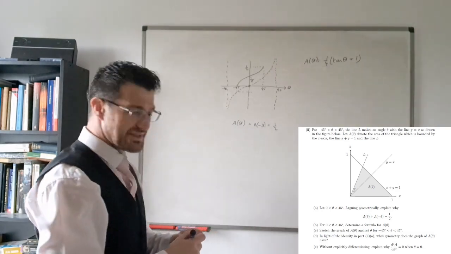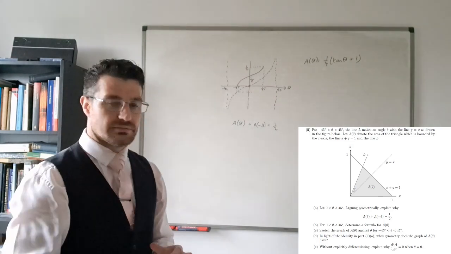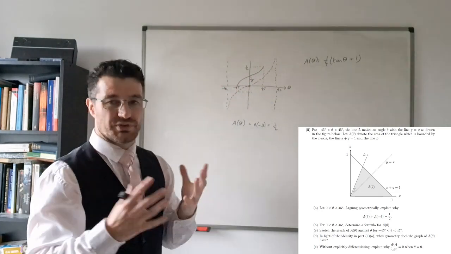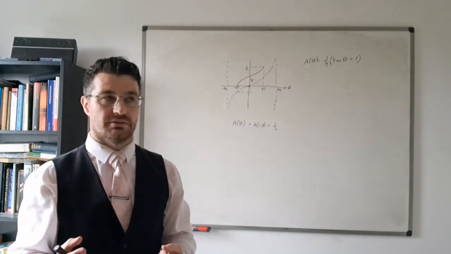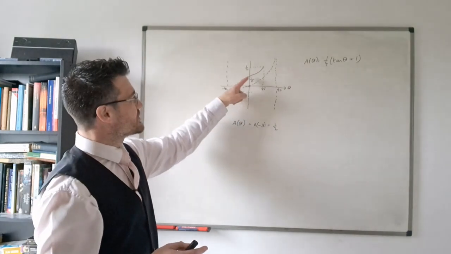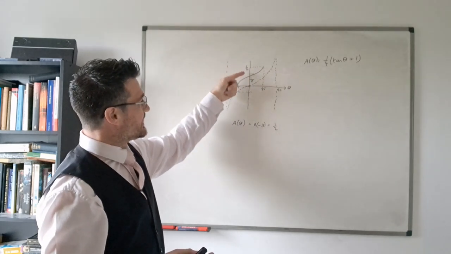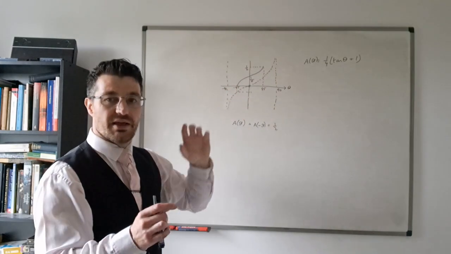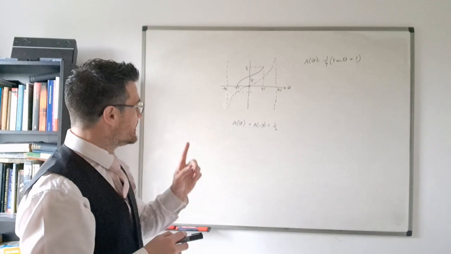What I'm expecting is that this is going to have something to do with an odd function. You can kind of see that this almost resembles an odd function, but what's the problem here? It doesn't go through the origin. So maybe if this was translated by a quarter, it would go through the origin, right? And hopefully we'd be able to show that we've got an odd function.